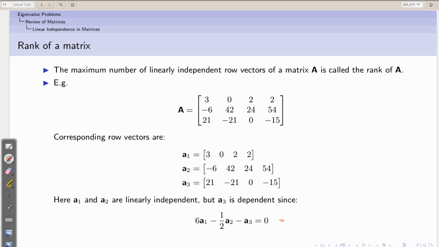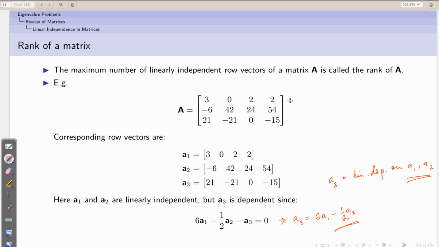This implies that a3 is equal to 6a1 minus half a2. So a3 is a linear combination of a1 and a2, which means a3 is linearly dependent on a1 and a2.